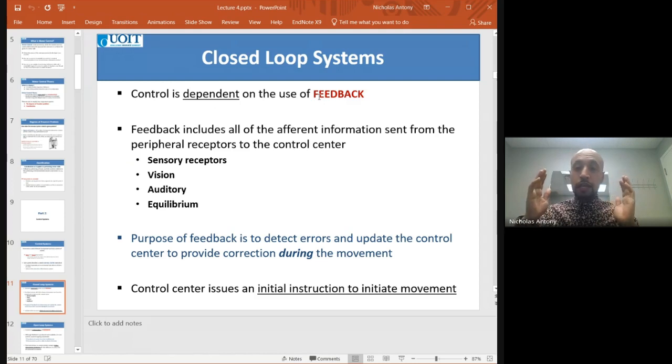The brain would get the system started, and then modify the control of the muscles in real time based on feedback. The feedback would be used to detect errors and update the control center of the brain during movement. So that's a closed loop system.